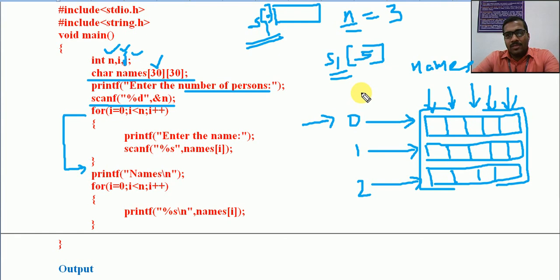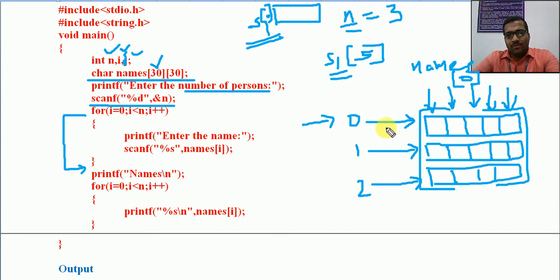Simply using names means it is only the name of a single character array. But here we are having multiple character arrays. So this will be identified as names of 0, this as names of 1, and this as names of 2.